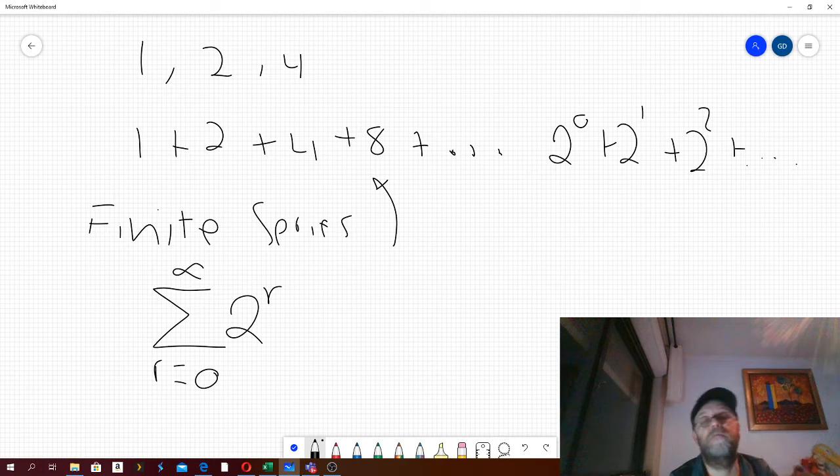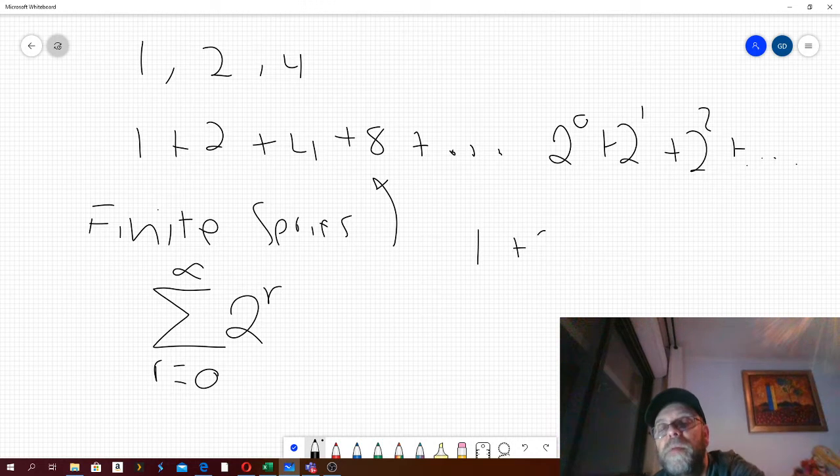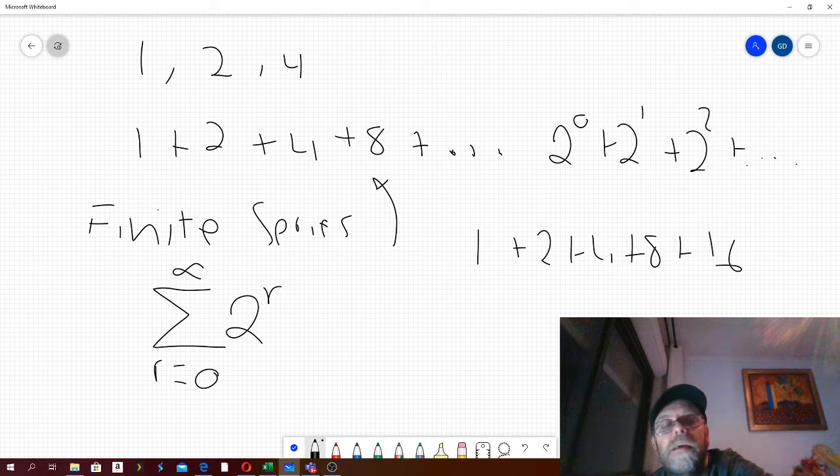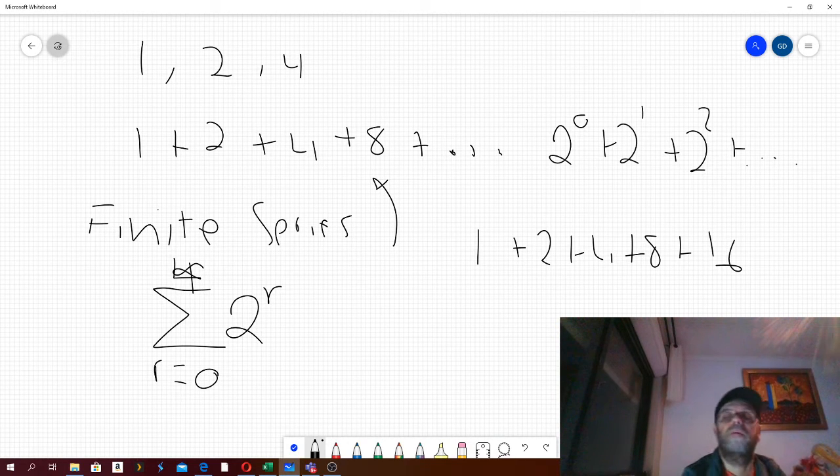Or if you wanted just a finite series, 1 plus 2 plus 4 plus 8 plus 16, that would be from 0 to 4. Okay, and that would get you 5 terms. Okay, so this notation of sigma literally says the following.